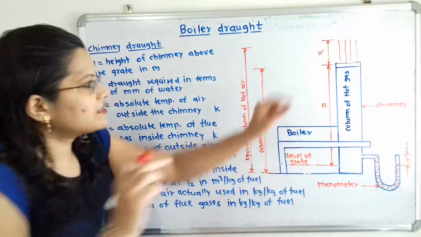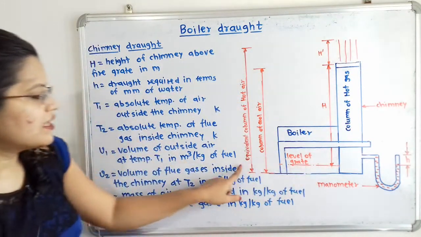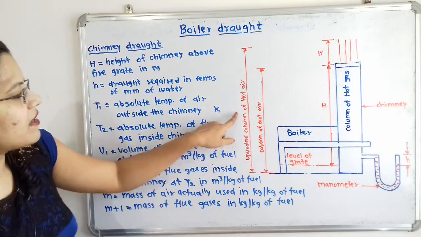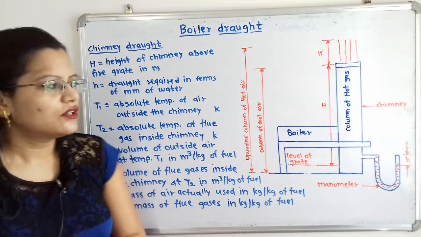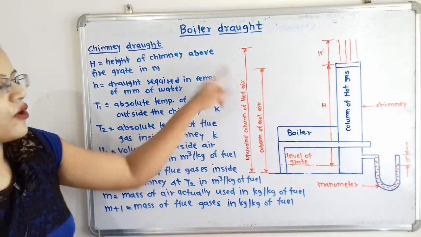So if we take some height above this chimney, then this total height from this level of grate is known as equivalent column of hot air.